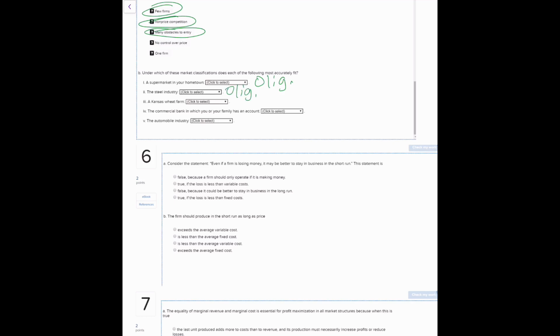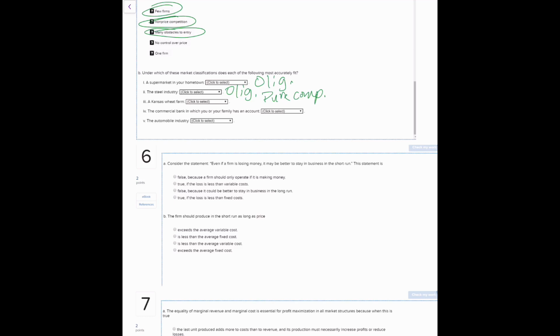A Kansas wheat farm: agricultural products are almost always considered pure competition, primarily because the product itself can't be differentiated. If you think about it, wheat is wheat, and there are no flavors, no brands, no quality differences. It is simply compared based on price, so that would fall into pure competition.